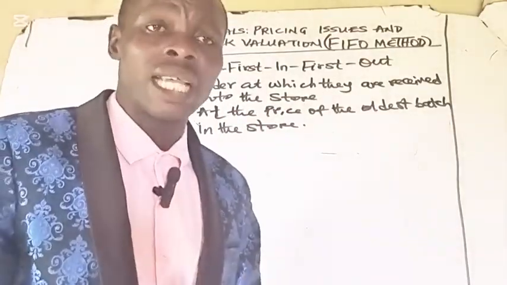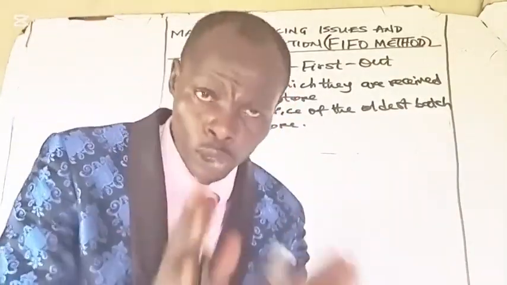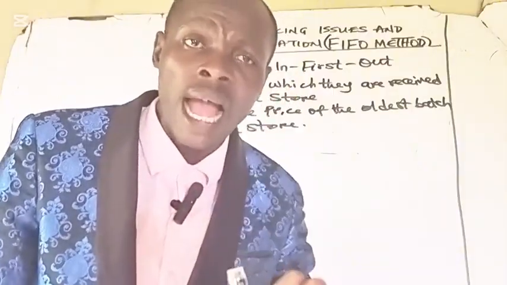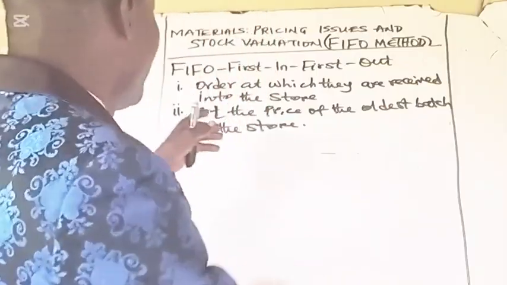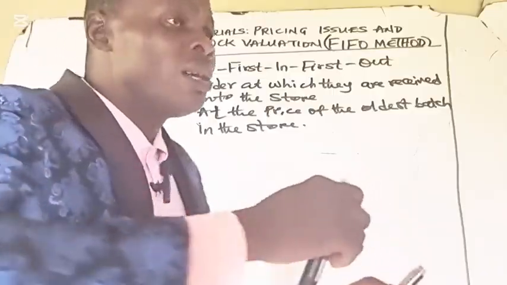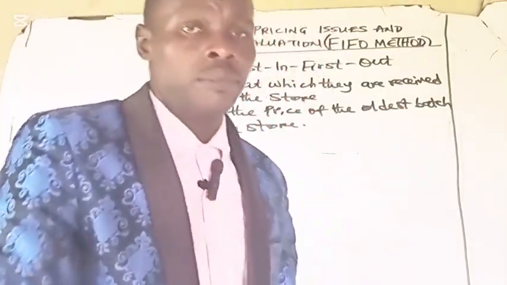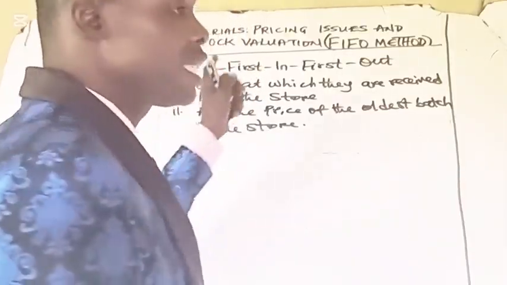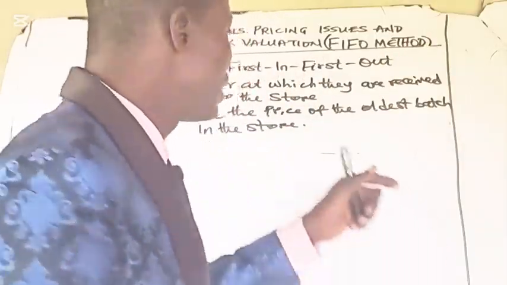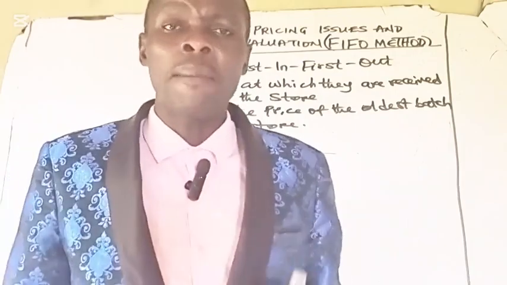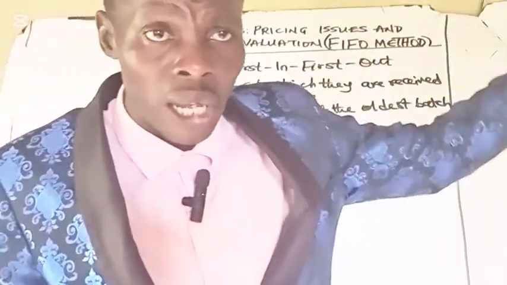What this means is that materials are issued in the order in which they are purchased and at the price of the oldest batch in the store. So that is the first in, first out method. Before the recent materials are issued, the oldest ones will have been exhausted.